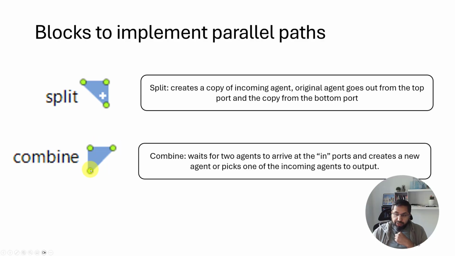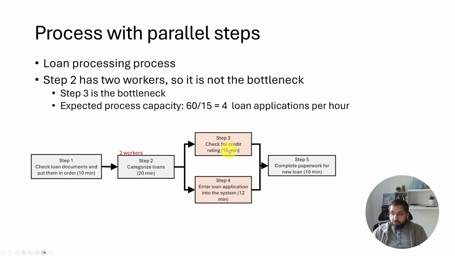It's going to wait until an agent arrives from path B. So when both path A and path B finish, then it's going to send it out, which is exactly what we want. We want step 3 and step 4 to both finish, and step 4 is faster. So we want the combine block to make the agent from step 4 wait, and then when the step 3 agent comes, send one agent to step 5.